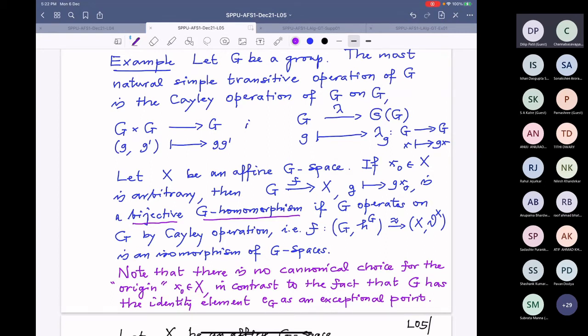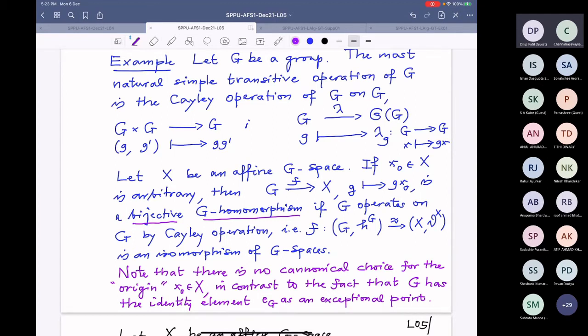Then I am giving you a map from G to X. What is the map? g going to g x0. Does it make sense? G is operating on X, therefore g x0 makes sense.